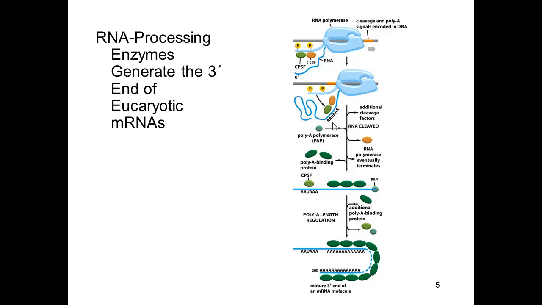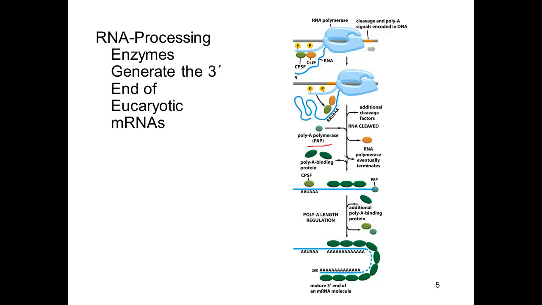Once the stop sequence for RNA polymerase has been passed, the RNA polymerase will dissociate from the DNA, dissociate the RNA from the complex, and an enzyme called polyA polymerase, a polymerase which does not need a template, will just start adding AAAAA to the end of a synthesized mRNA.